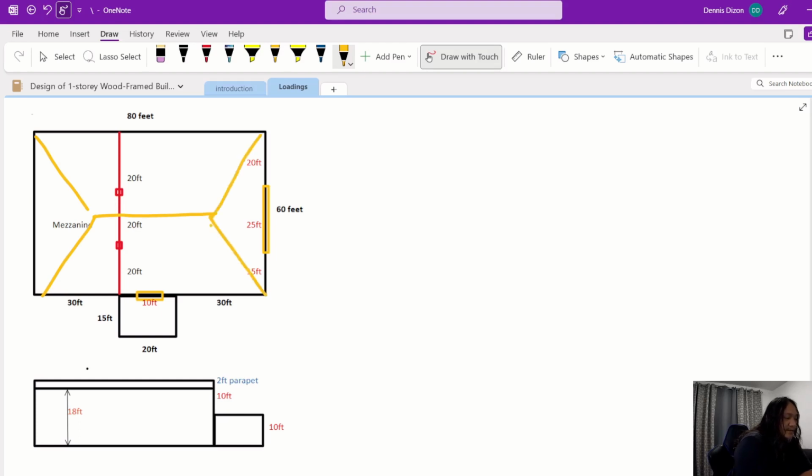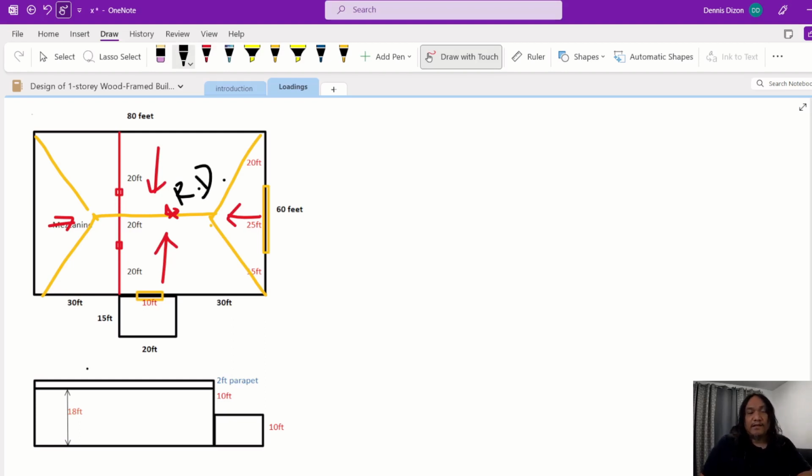We have slope going this way, going that way, and then going that way, and then going that way. So assuming our roof drain is somewhere here in the middle. So that is our roof drain.